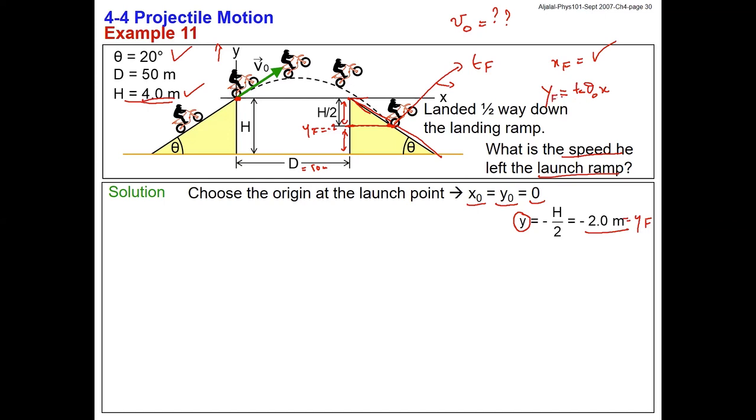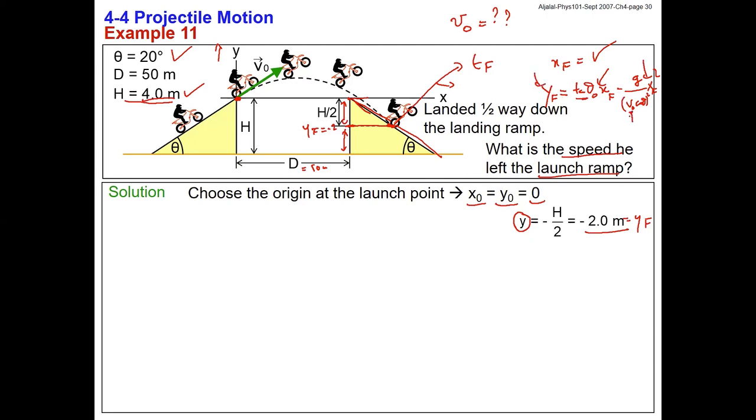So y final will be tangent theta naught x final minus, if I remember correctly, g divided by 2 v naught cosine theta squared, and here I will have x final squared. So once I get x final, I will know everything, because I know y final and I know theta naught.